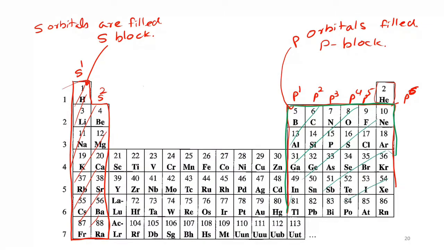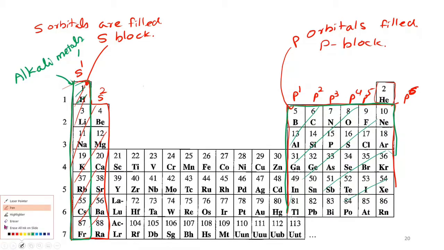And we can do a little bit more naming, more like knowing your vocabulary. This group 1 we call the alkali metals. Know your exception: hydrogen is not a metal.